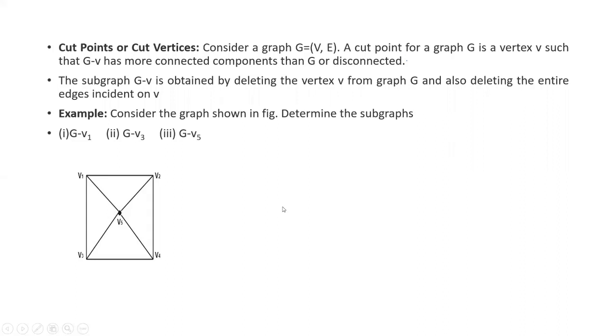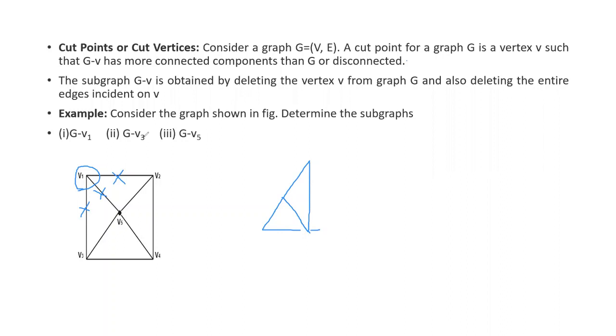So consider the graph, for example G minus V1. Whenever we delete this V1, we have to delete this edge and this edge also, so the graph will be just simple like this. This is the graph after deleting the vertex V1.